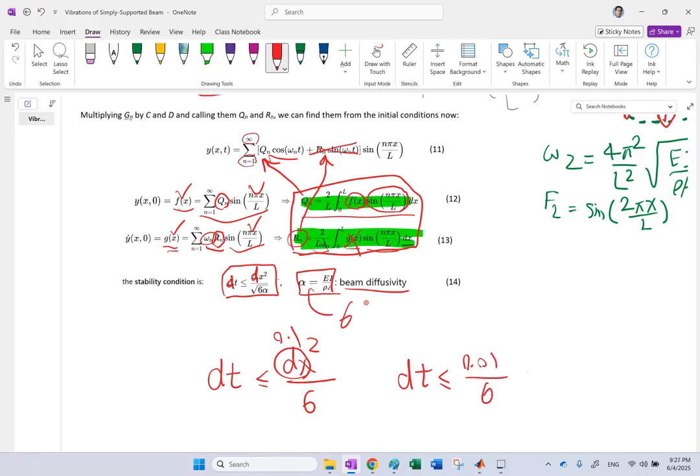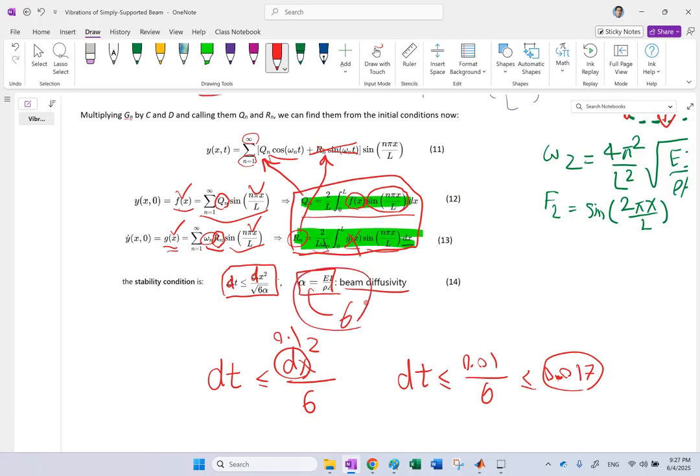Clearly this is bigger than 0.001, right? So you get a 1, and then you get a 16 or 17, something like that. So as long as your time step is smaller than 17 milliseconds, your solution should be stable. For, of course, an alpha of 6.